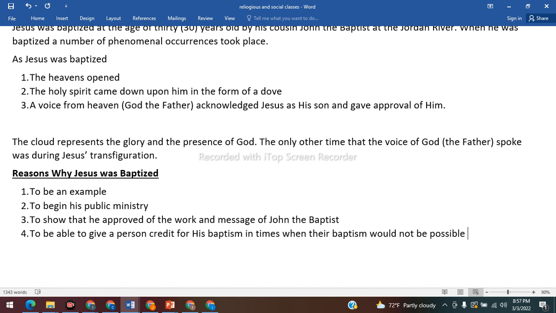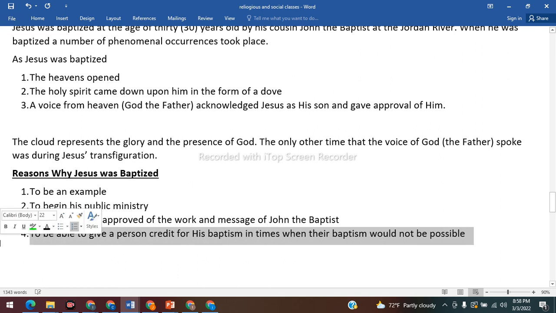To say that someone baptized him when he never. I'm saying that a reason why Jesus got baptized was to give people credit for his baptism when their baptism would not be possible.